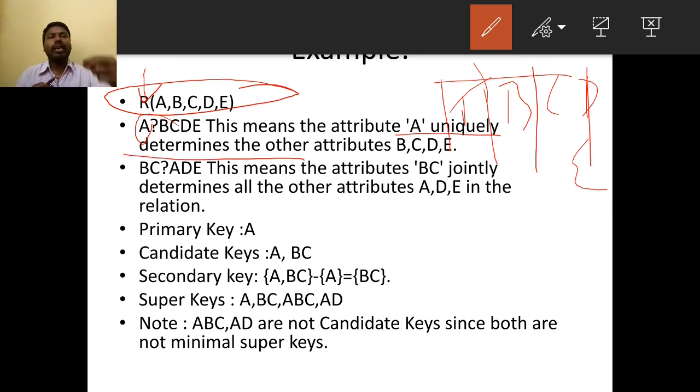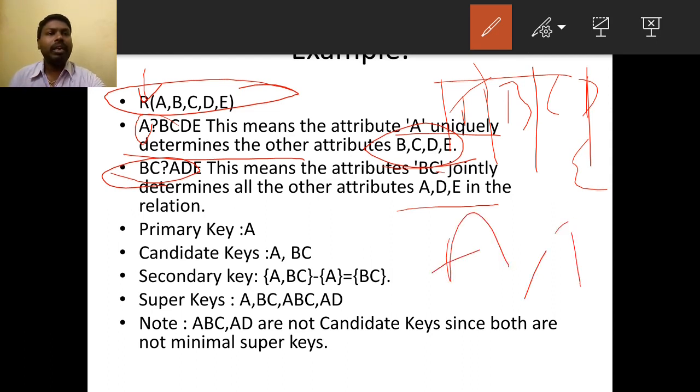If we take A as a primary key, or A is considered as a unique key, then all other attributes B, C, D, E can be determined. And another one is B, C. If I take B and C, all other attributes like A, D, E can be determined. So there are two sets: A and B, C. Here A is a primary key.